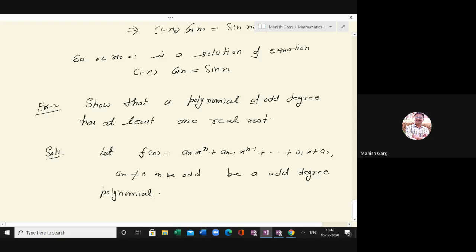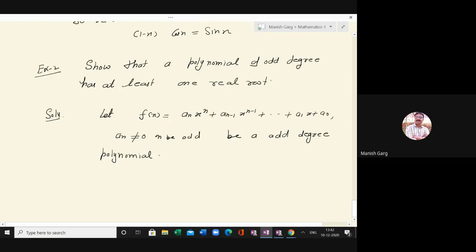If a_n is not equal to 0 and n is odd, this is an odd degree polynomial. Now you need to prove that it has a root. Since a_n is not equal to 0, I take x raised to the power n common.